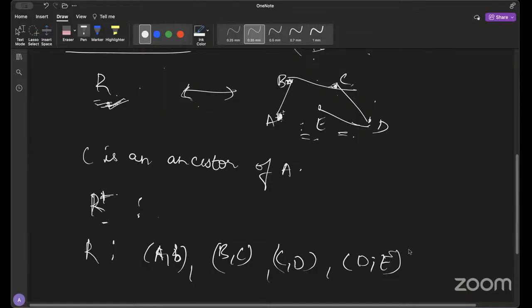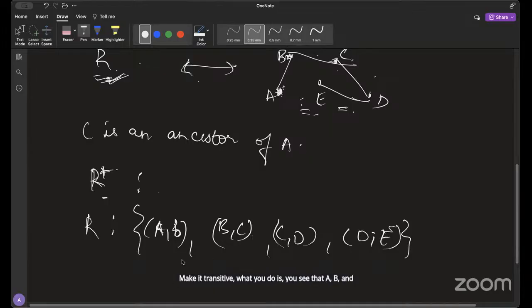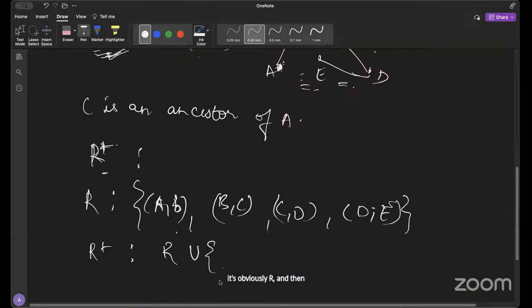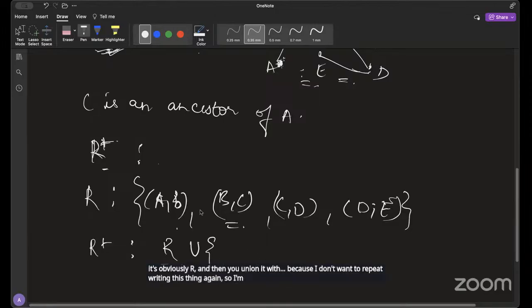To make it transitive, you see that AB and BC are here, so you should add AC. So to make it R plus, it's obviously R, and then you union it with the additional edges. I'm just writing R simply here because I don't want to repeat writing it.